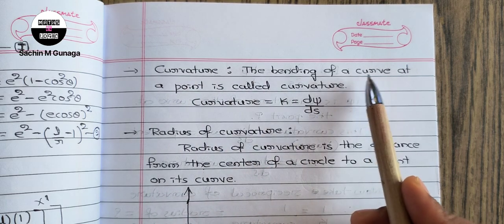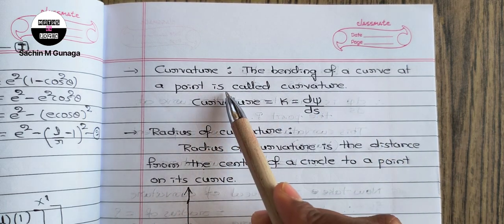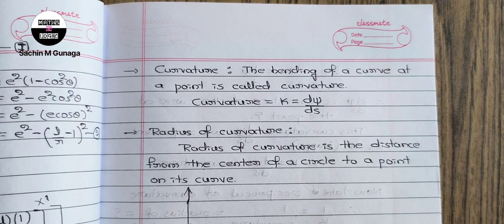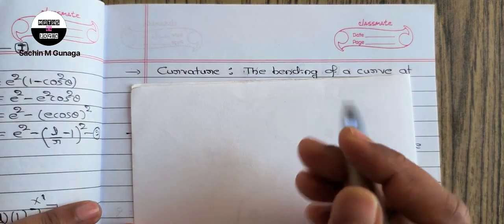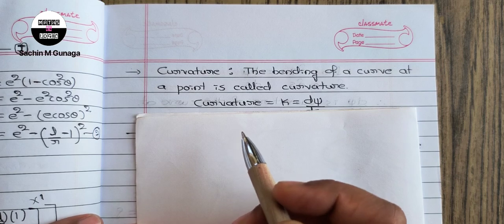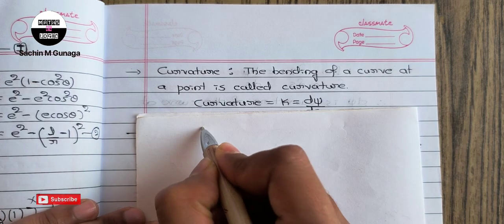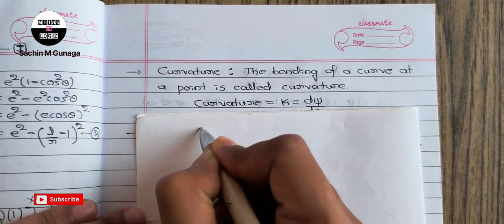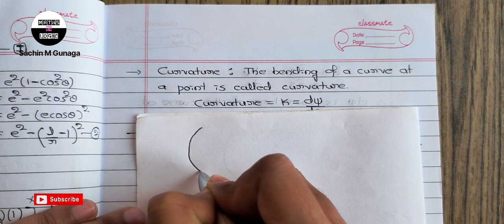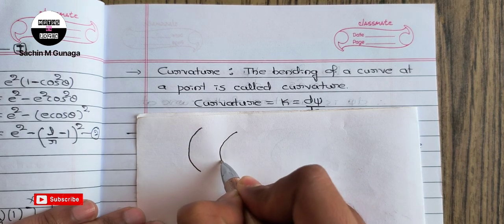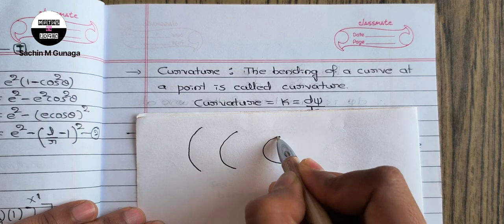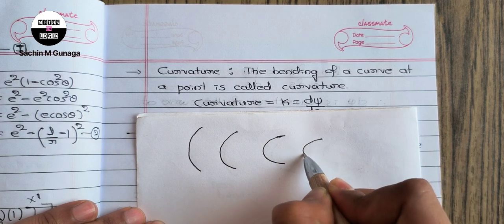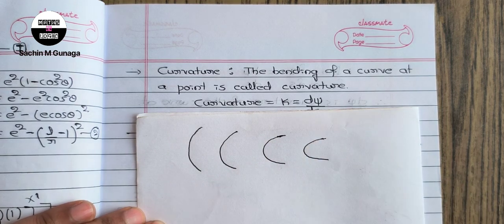The bending of a curve at a point is called curvature. Suppose I consider different curves. So this is the first one, this is the second, this is third, and this is fourth.